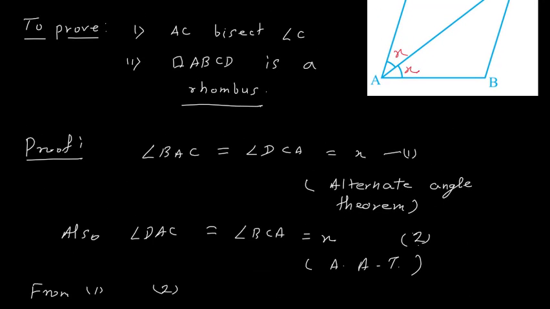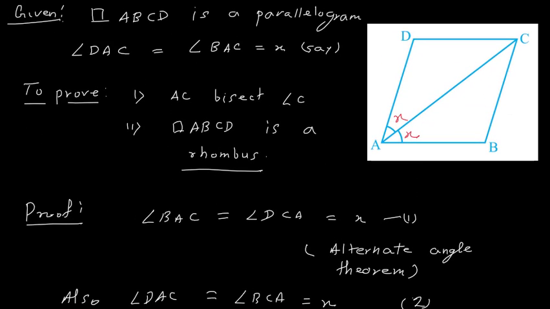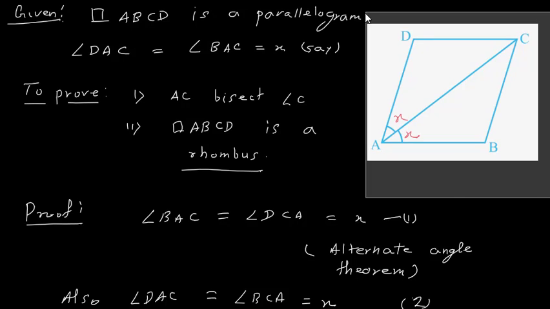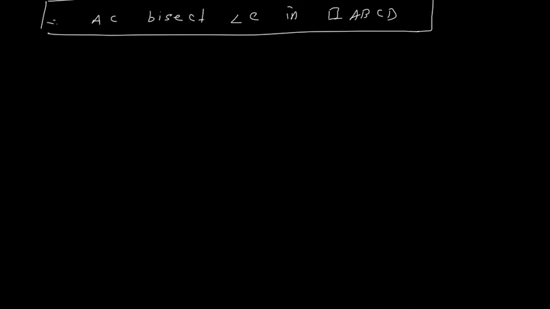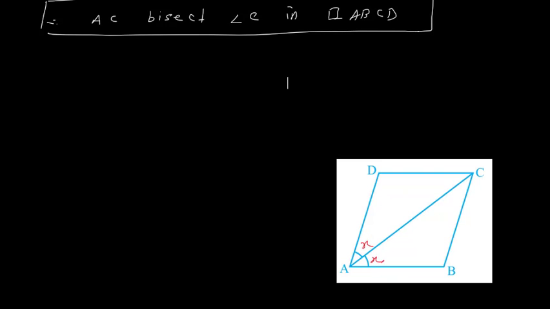Okay, now second I have to prove that it is a rhombus. So I will take triangle ABC. So I will say that now in triangle ABC, angle A is equal to angle C is equal to x.